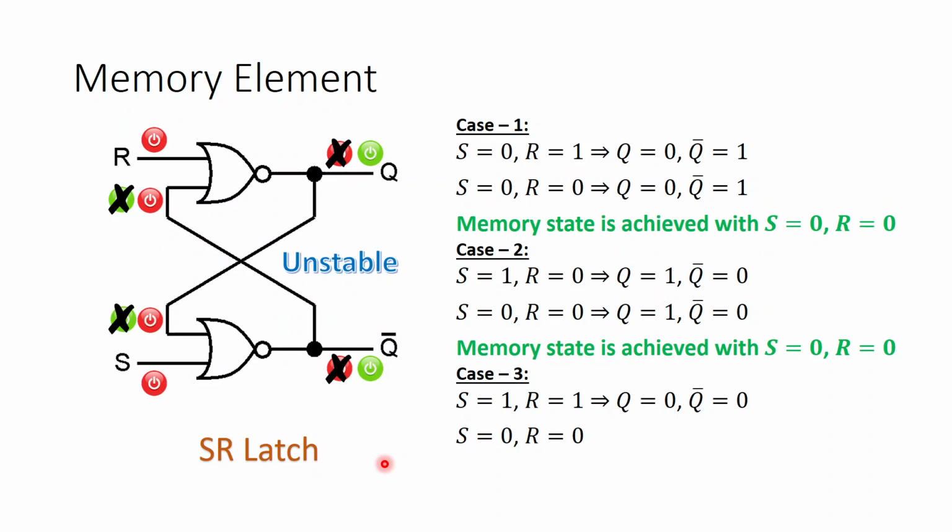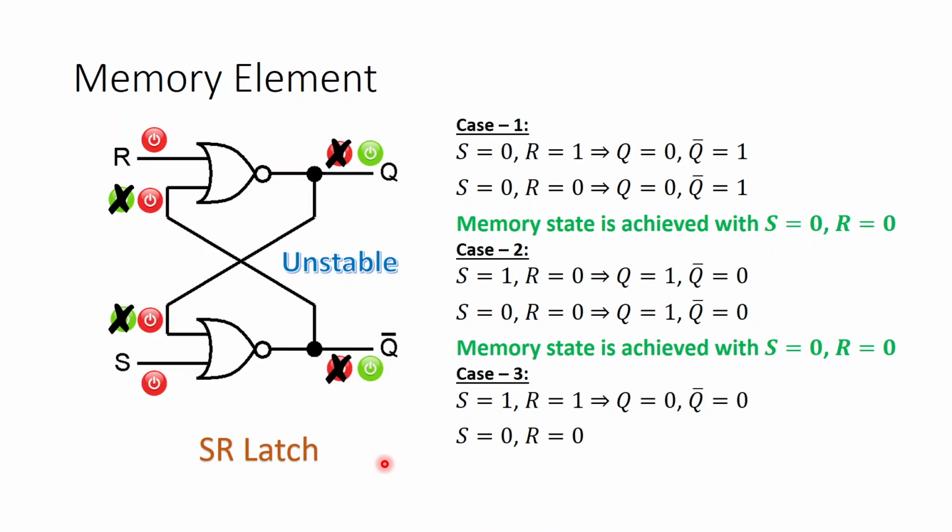That means when the input arrives at the NOR gate, the output is generated after some time instant, and this time is called the propagation delay or the gate delay. This gate delay will always be different for two different gates by some very minute fraction of a second.